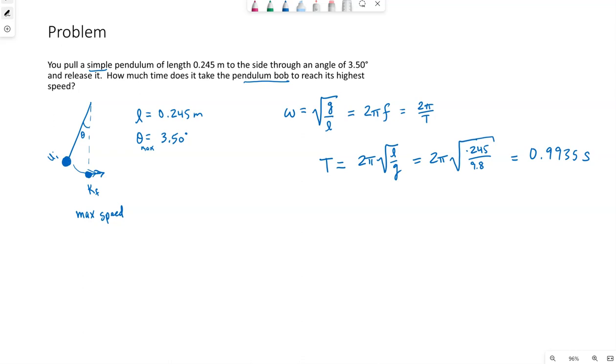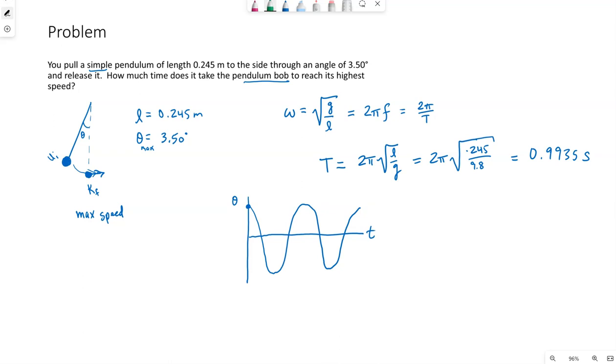If we think about a pendulum or any oscillator, if we were to graph for a pendulum, for example, the angle it makes as a function of time. Here we've pulled it to the side to this 3.5 degrees. We release it. It's going to start oscillating like this.